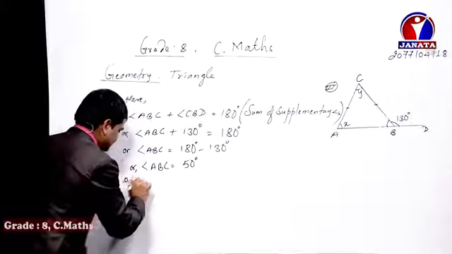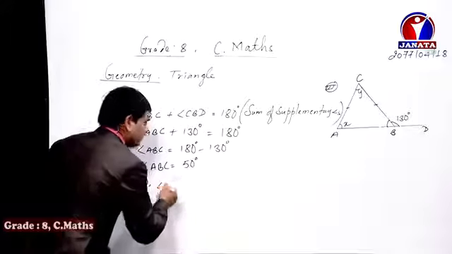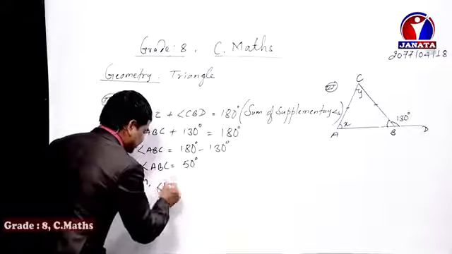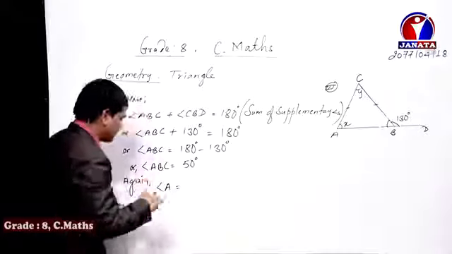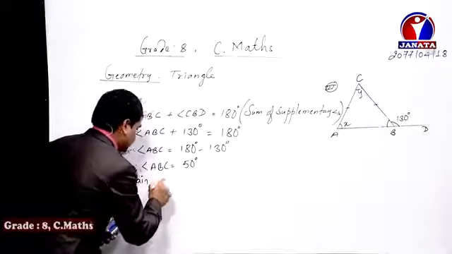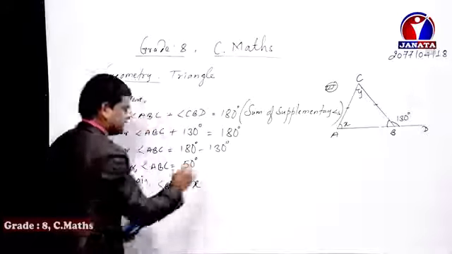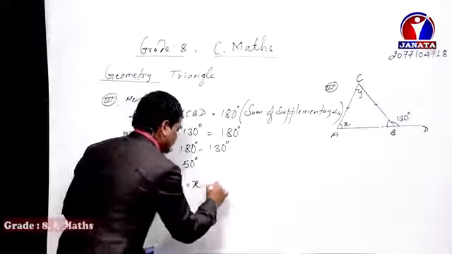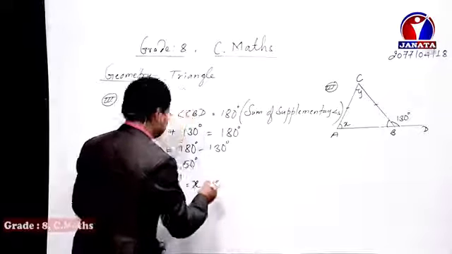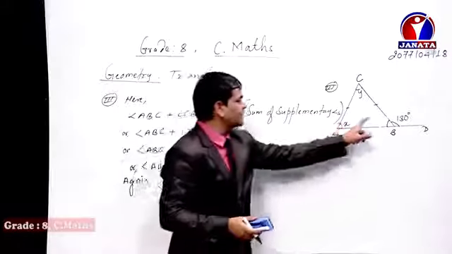Now what we write? Angle A, or directly you can write x also. Angle A equals, or this angle A you can also write in triple letter form, angle BAC, which is x, isn't it? In the variable term written as x, equals angle ABC. What's the reason why these two angles are equal to each other?